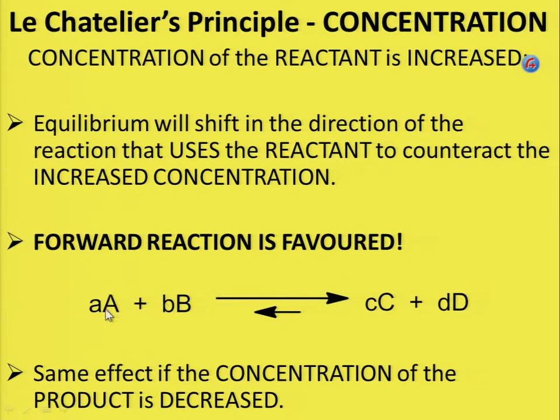So if you increase the concentration of the reactant, the forward reaction is favored. The same effect will be seen if the concentration of the product is decreased. That means if some of C is taken out of the reaction mixture, the reaction will want to make more of C to reinstate the equilibrium.